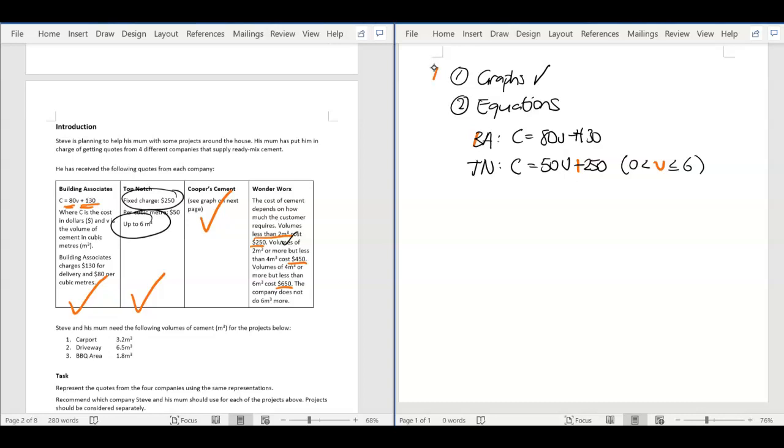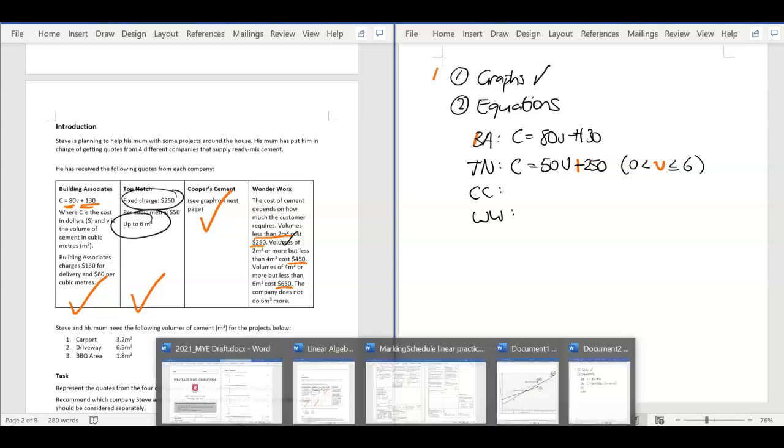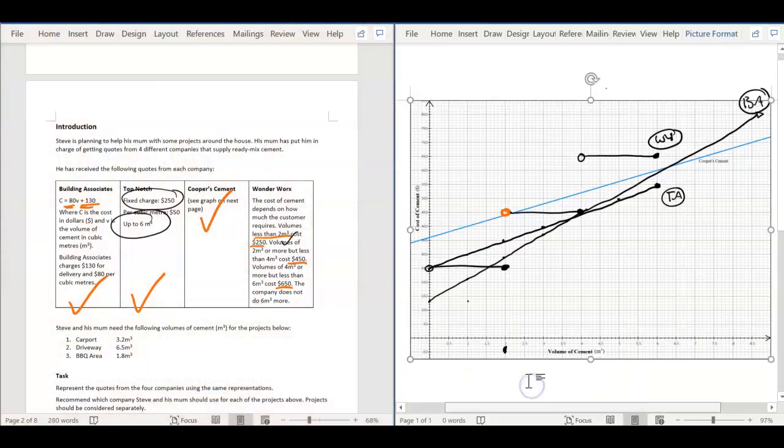We then have a look at Cooper's cement, so CC, and then we can do Wonderworks after that as well. So let's flip back to the graph just to see what Cooper's cement will be. So Cooper's cement is that blue one, so we can see here it's starting at 360, so that means it's going to be plus 360. It goes across 1 and up, how much is that, 40?